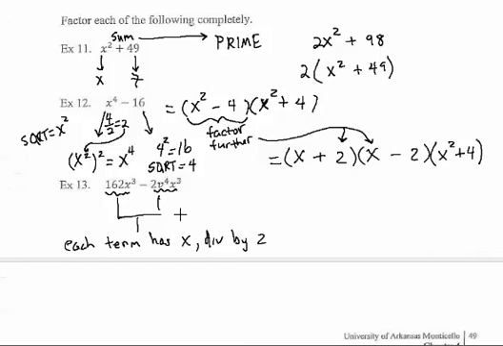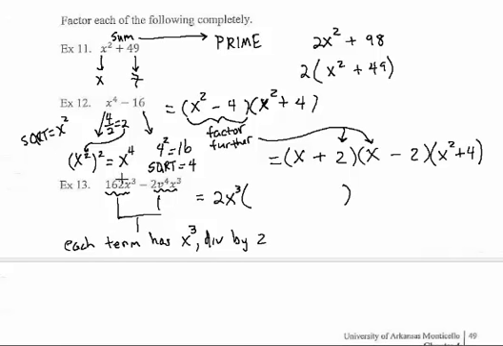Now, they both have an x, but for the greatest common factor, we pick out the x with the smallest exponent. In this case, they both have a 3, so our greatest common factor is going to have an x to the third in it. And this is a 2, so the most that we can divide out is a 2. So our first step for factoring this polynomial is to write 2x cubed out.